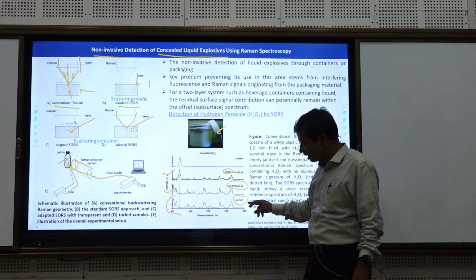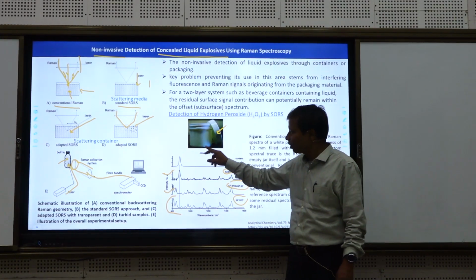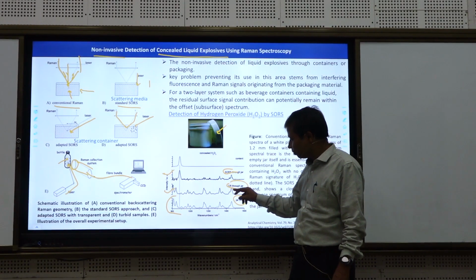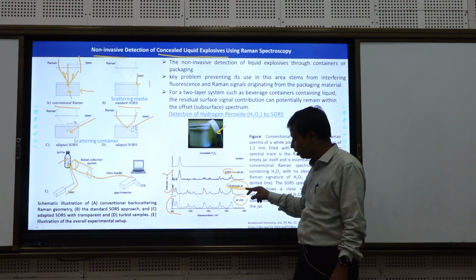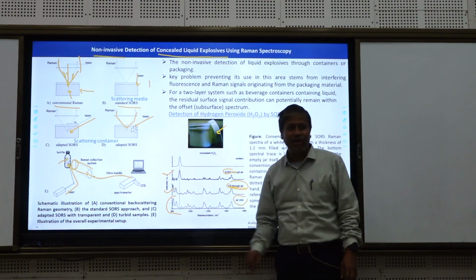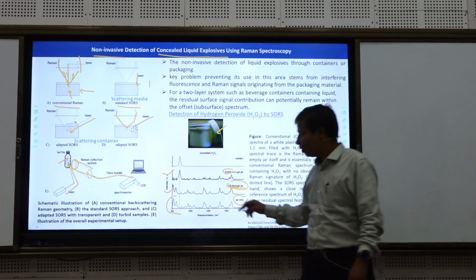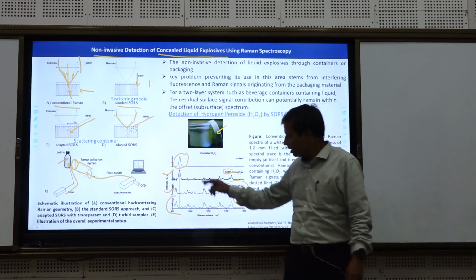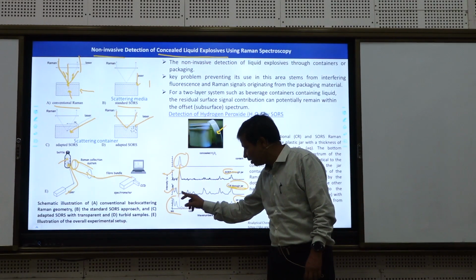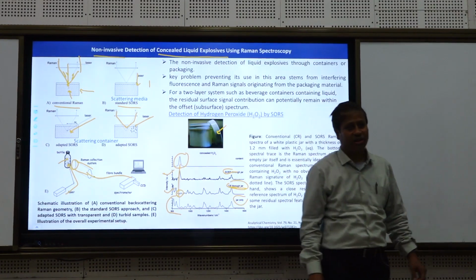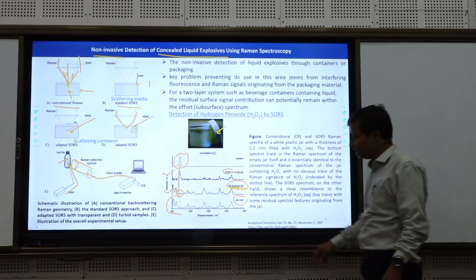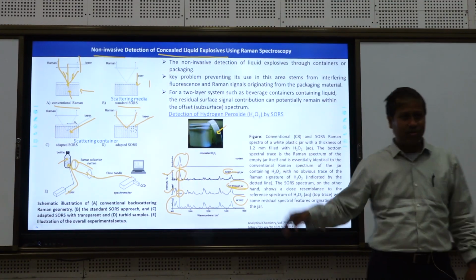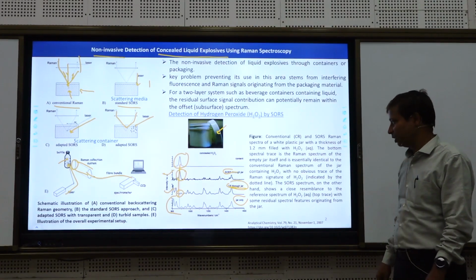What is interesting to find is that for the jar you cannot expect the band for H2O2, but from conventional Raman, you also don't find the band for H2O2. What is the band for H2O2? This is the expected band for H2O2. And this band is absent in the Raman spectrum which is recorded conventionally. But this band is present in the Raman spectrum which is recorded based on the surface offset.